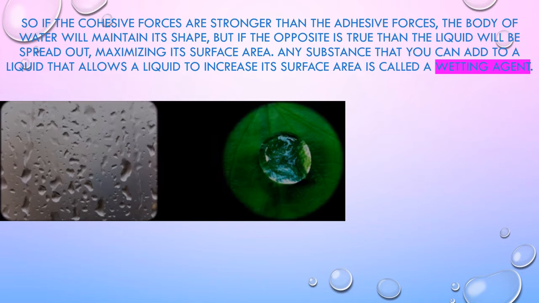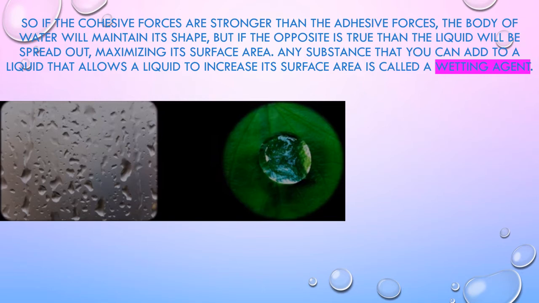Now if the opposite is true, that is the force of attraction between the liquid and the surface is more as compared to the force of attraction between the liquid molecules, in that case the liquid molecules will spread out and will try to increase the surface area.